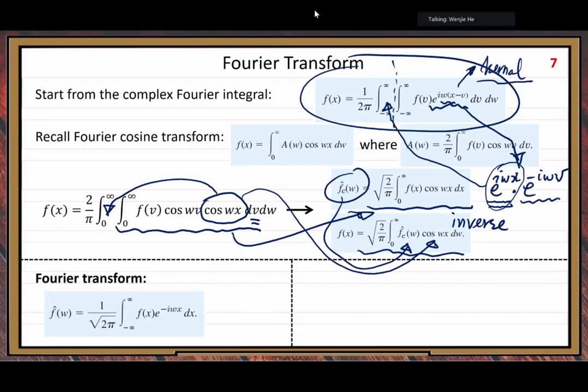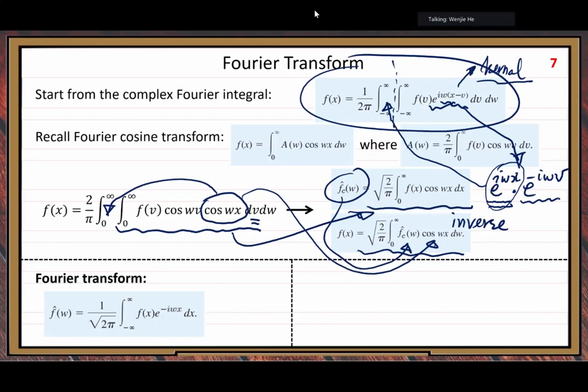You use w as the variable, and you have this e function as the kernel. In our original we used the dummy variable v; here we replace it by the dummy variable x. Same thing, the dummy variable is not important. So you get a Fourier transform formula.